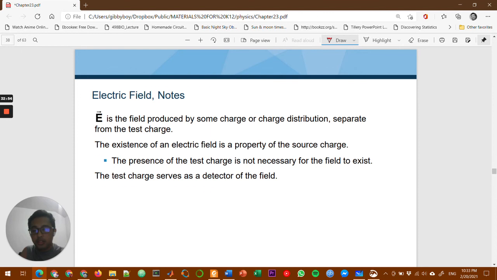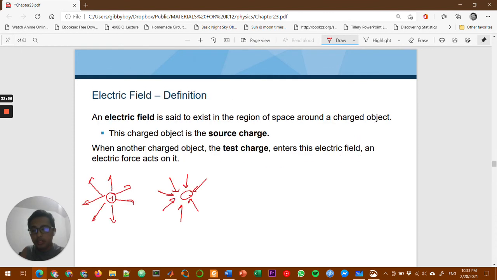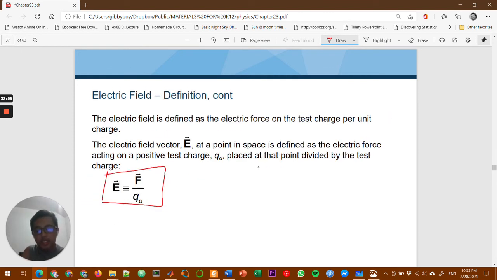So the number of electric field lines in a region will determine how strong the electric field is. Like for this one, let's say there is a source here, with charge Q. The electric field is given by this. This is the general idea of electric field lines. This is non-uniform. Why non-uniform? Because your electric field strength varies based on location.